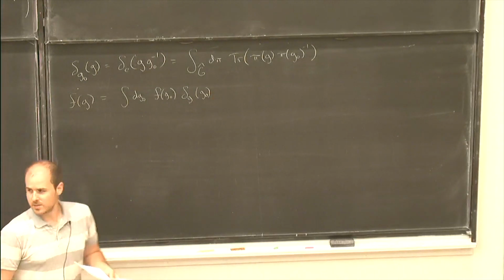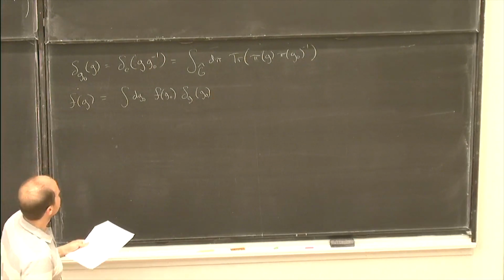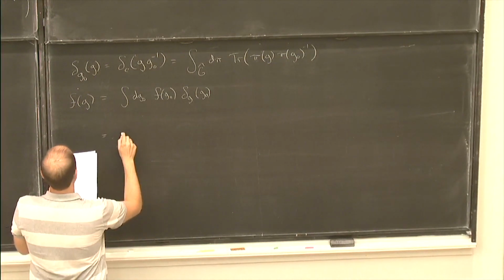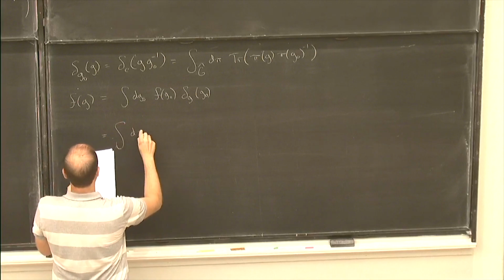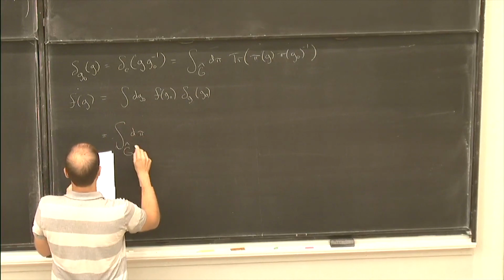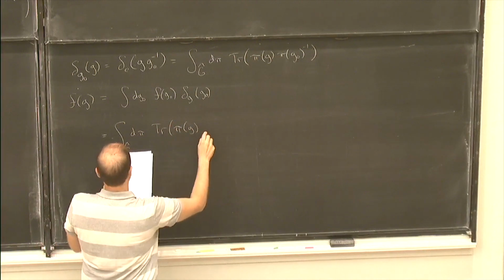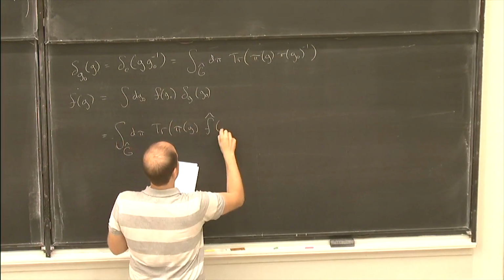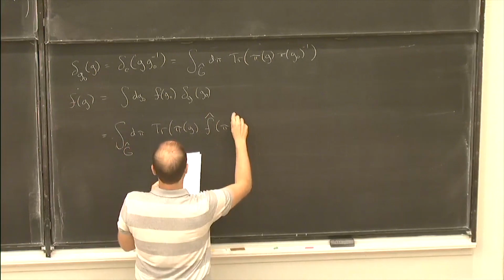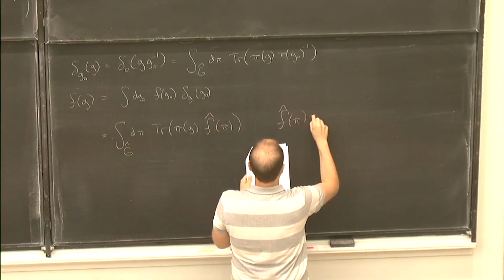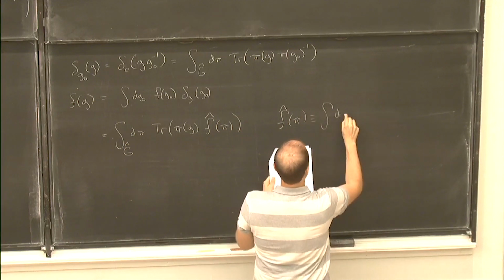It's symmetric, so it doesn't really matter. Good. And so what do we get? We get that f of g is an integral d pi trace of pi of g times f hat of pi, where f hat of pi is defined as this integral.